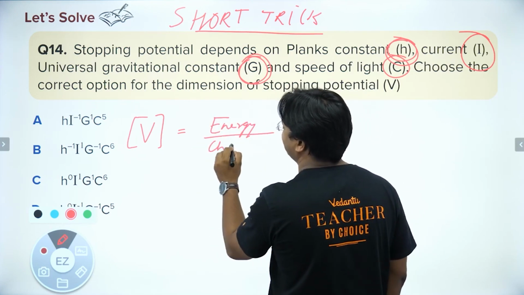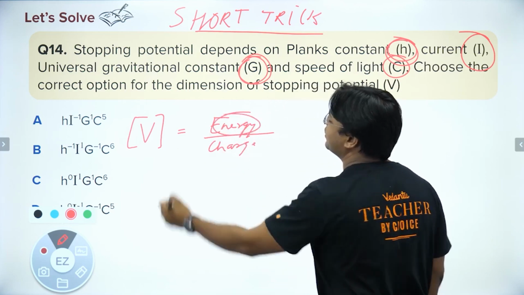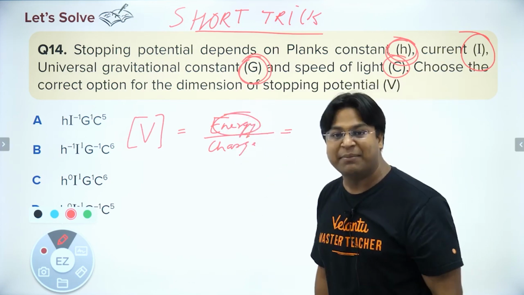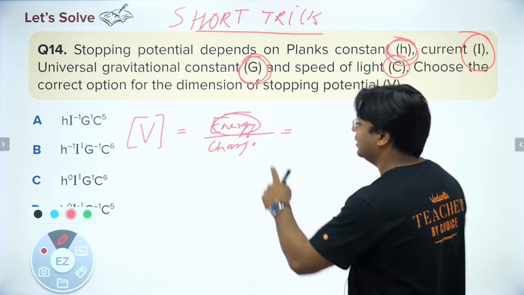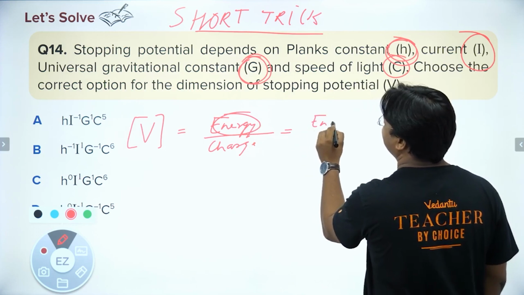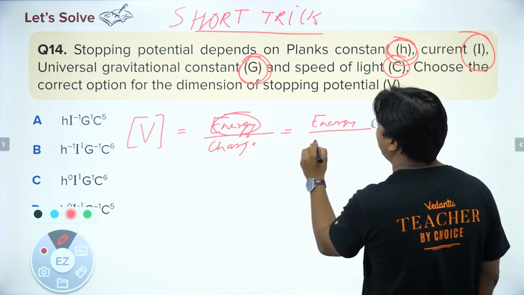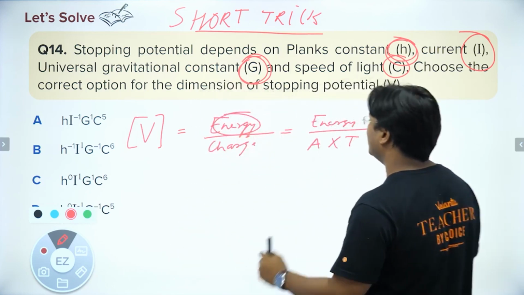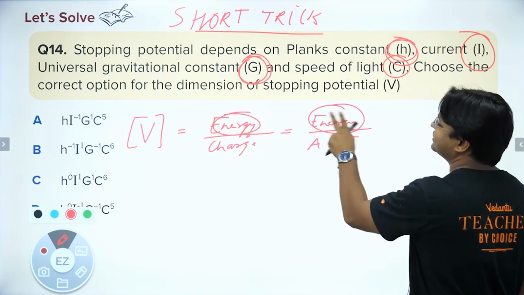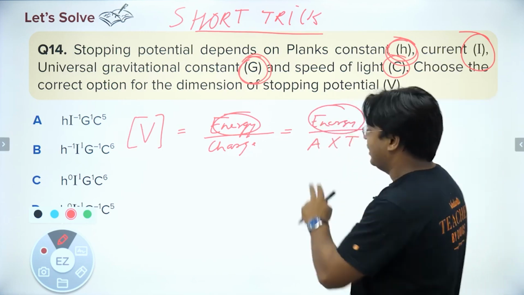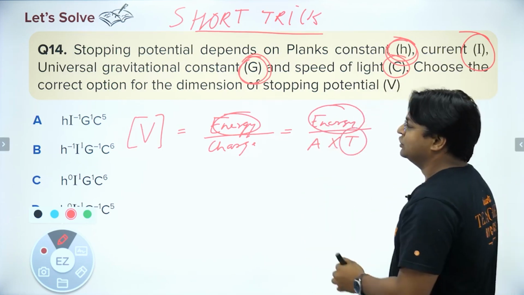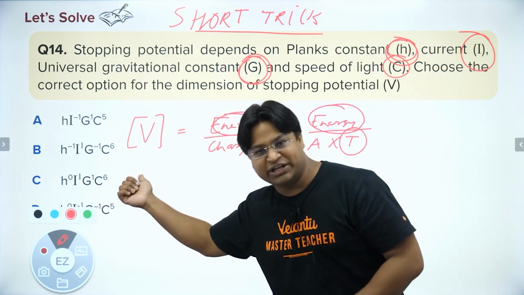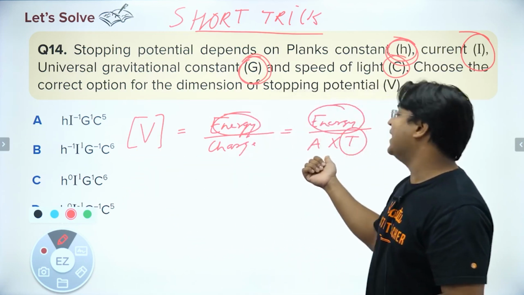Energy is the quantity of mechanics, something that can be expressed in terms of M, L, T. Charge will be expressed as ampere into time. So the power of ampere while expressing voltage will be minus 1.